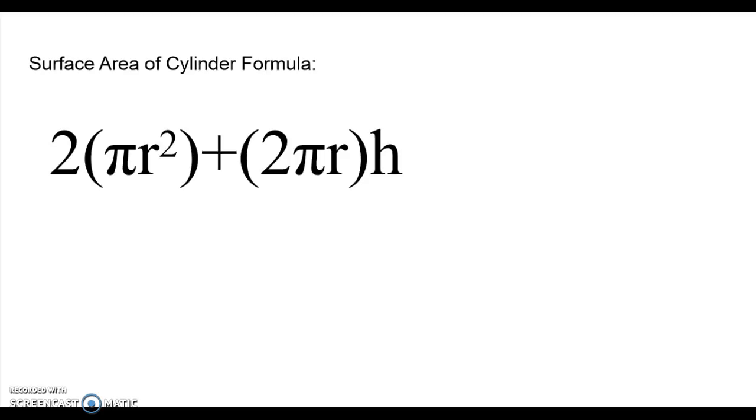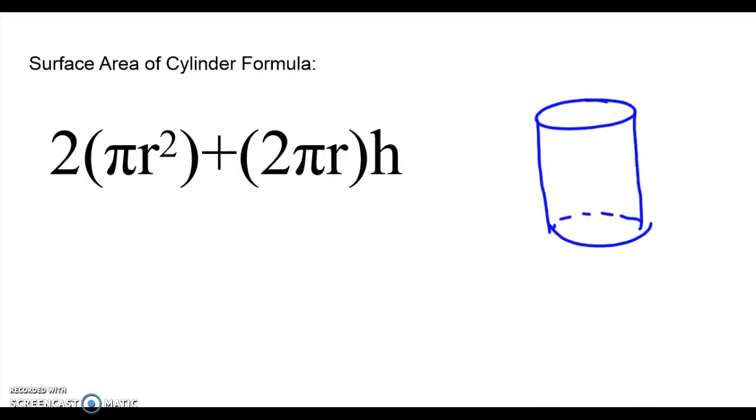As you guys know, the cylinder is kind of a little different here, a little unique with the surface area. They kind of created a formula for us, so you can just write it down, memorize it if you want. It's 2 times the area of the 2 circles, so the 2 bases, top and bottom. That's the first part.